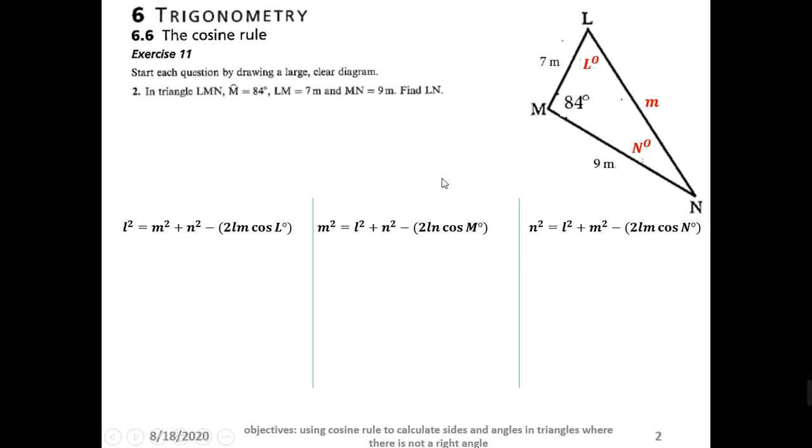We need the one in the middle. So let's substitute here because M is my unknown.